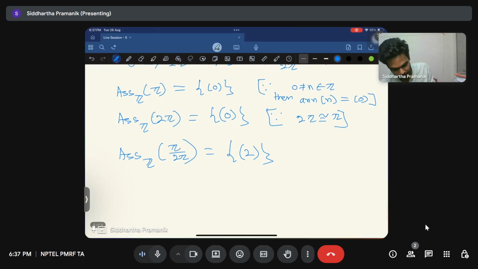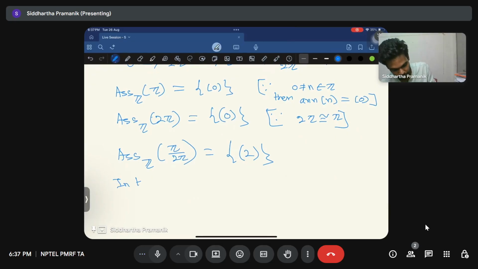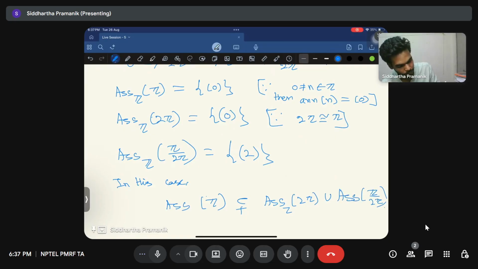So in this case, the associated primes of the middle one are a proper subset of the associated primes of the extreme modules, all over Z.